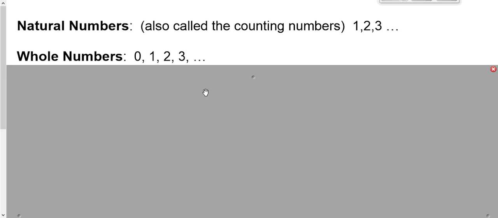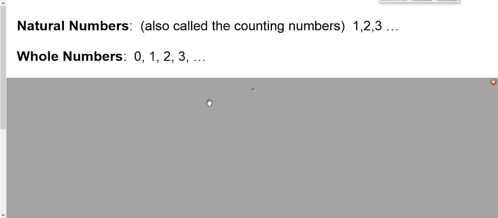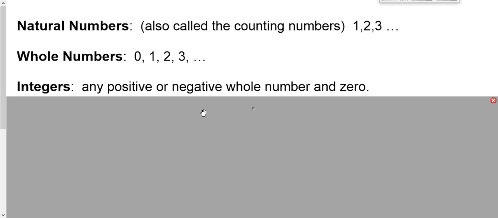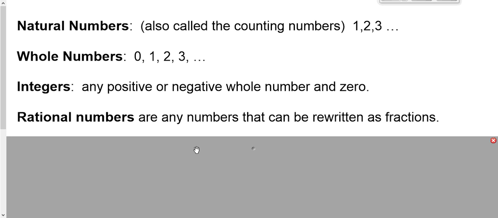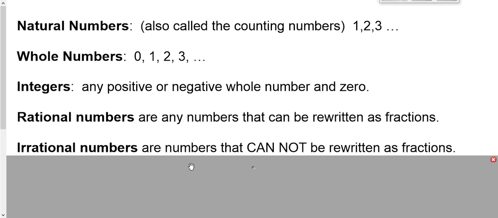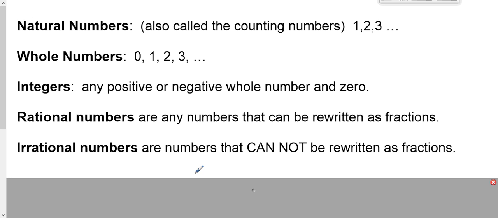Whole numbers include those numbers, but it also adds 0. Integers are any positive or negative whole numbers plus 0. Rational numbers are any numbers that can be rewritten as fractions. And irrational numbers are numbers that cannot be rewritten as fractions.